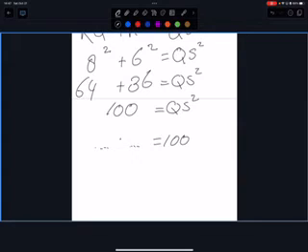What is that number? How do I get to that number? You take the square root of that number. So the unknown number is the square root of the answer. And you already know the square root of 100.